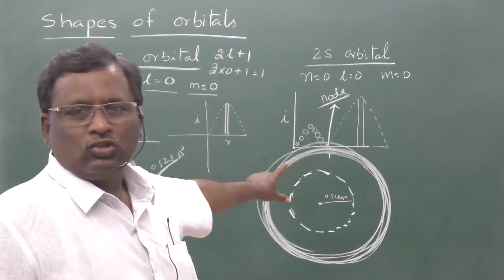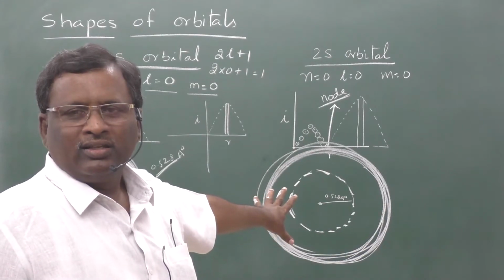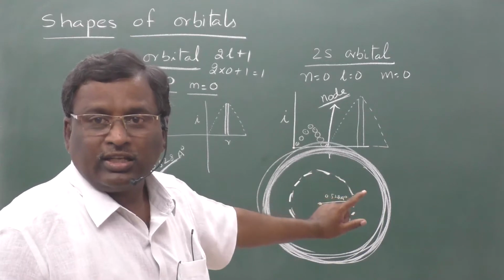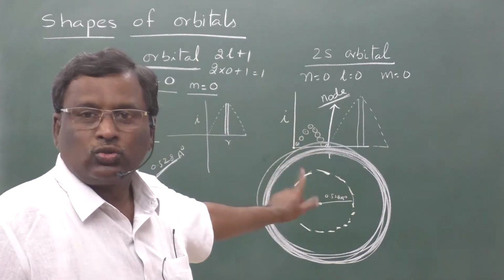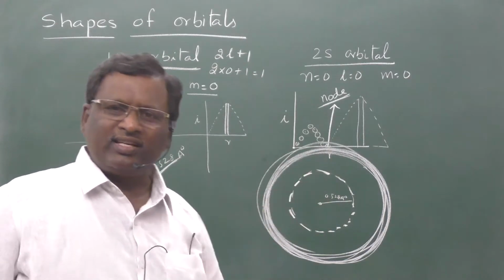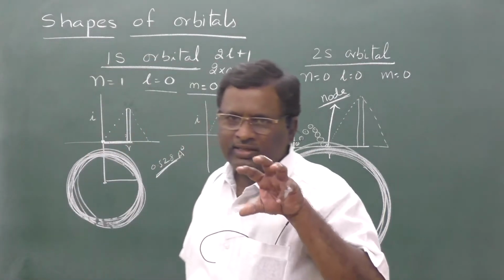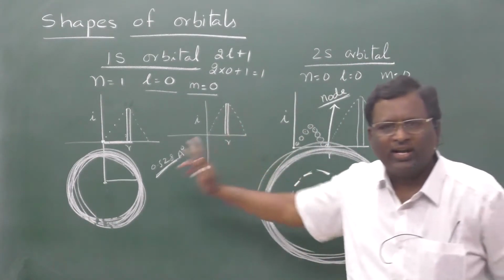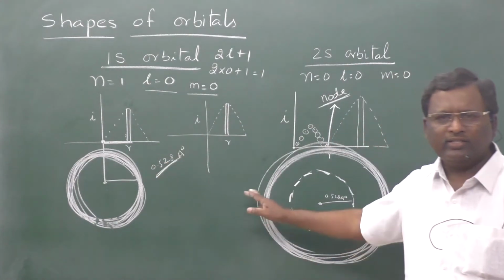That's why calling it a nodal region does not mean that no electron is present in that region. Particularly the 2s electrons are not found in that region. That's why that region is called a nodal region. In that nodal region of 2s electrons, the 1s electrons' probability is maximum.